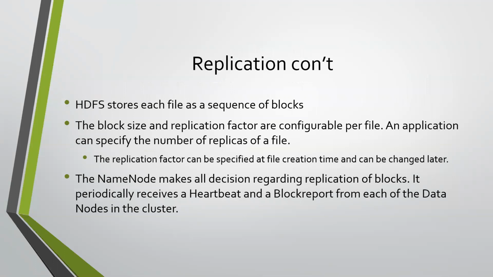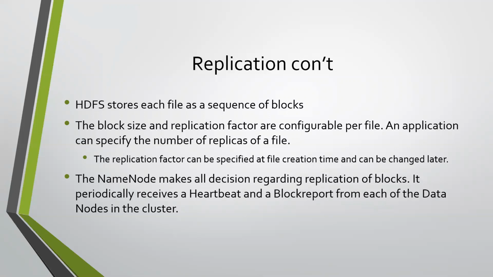HDFS stores each file as a sequence of blocks. All blocks in a file except the last block are the same size. The block size and replication factor are configurable per file. An application can specify the number of replicas of a file.